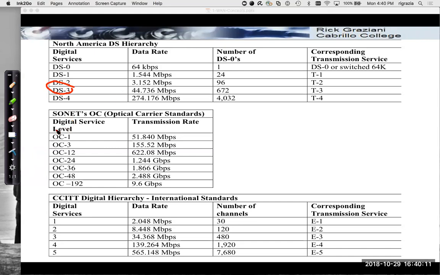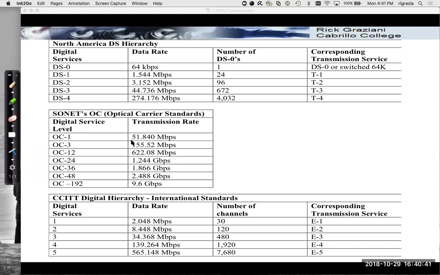And then when you start getting into fiber optics, that's when we get into optical carriers, something called SONET. We'll talk about that in a moment, and start getting into the gigabits, even the terabits now. But it really all comes from this hierarchy.